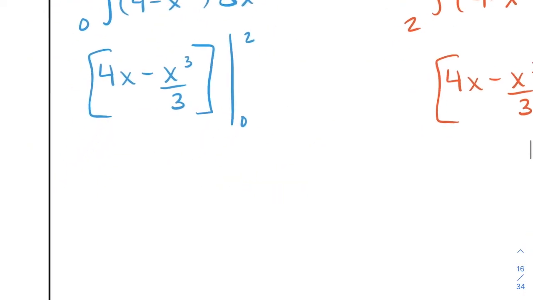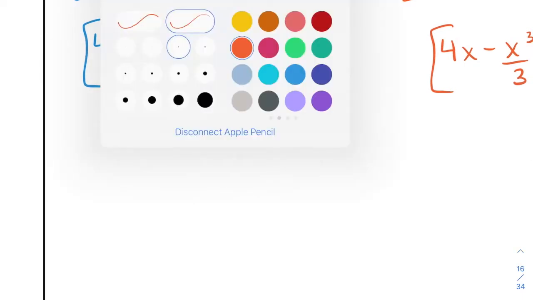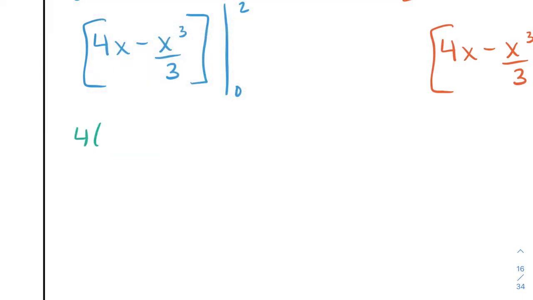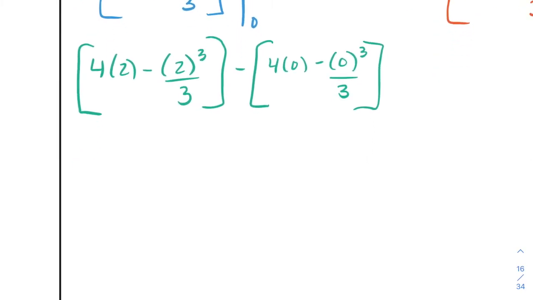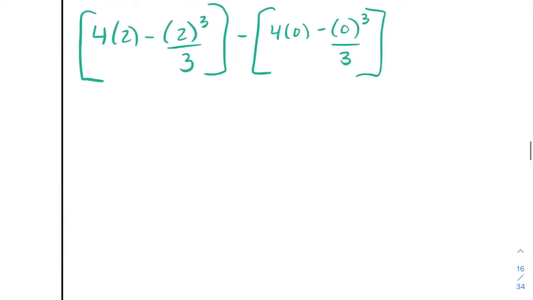Okay, so now I'm going to evaluate 4 times 2 minus 2 cubed over 3, take away, you know what? This is all 0. So this is going to be pretty nice. So it's going to be 4 times 0. Don't just make it 0 if you're using a 0, because remember, you might have just a number like plus 5. So you're going to want to make sure that you check to see that all of these actually do become 0.